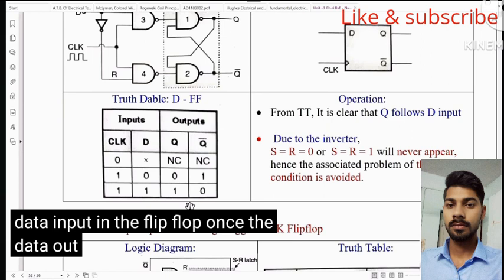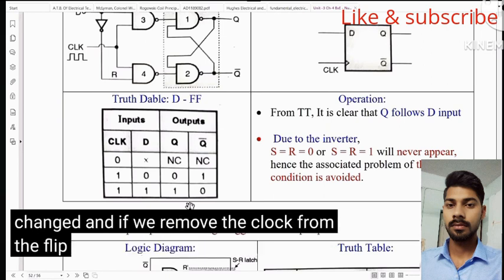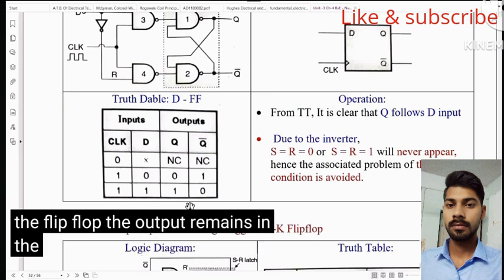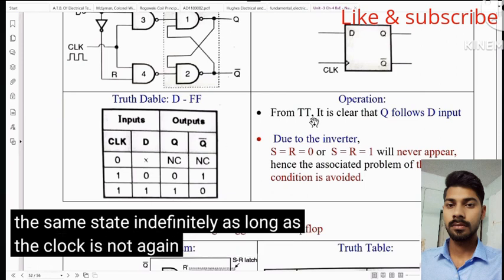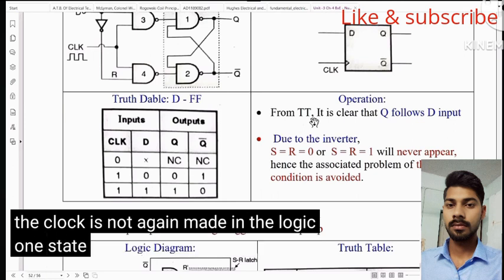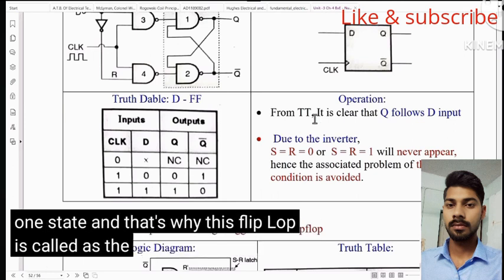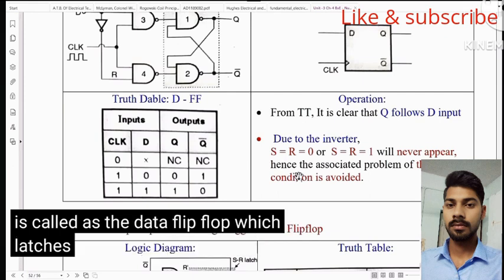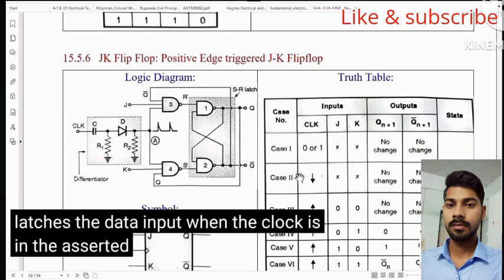Once the output of the flip-flop is changed, and if we remove the clock from the flip-flop, the output remains in the same state indefinitely as long as the clock is not again made logic 1. And that's why this flip-flop is called the data flip-flop, which latches the data input when the clock is in the asserted condition.